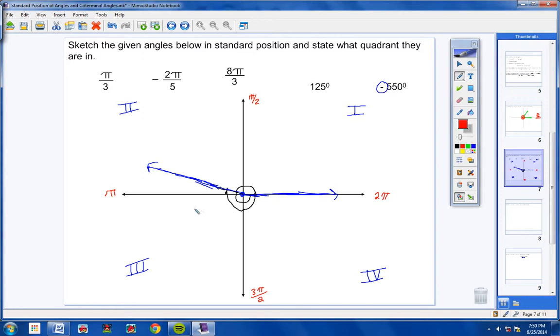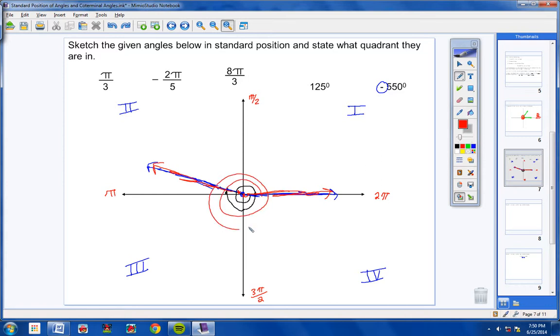So for this standard position angle here, this angle here is considered to lie in quadrant 2 because the terminal side here is in quadrant 2. So make sure you know how to draw terminal angles, angles in standard position, and make sure you know how to tell what quadrant they're in. And it doesn't matter if you were to go around 4 or 5 times, wherever the terminal side is, that's what quadrant the angle is considered to be in.